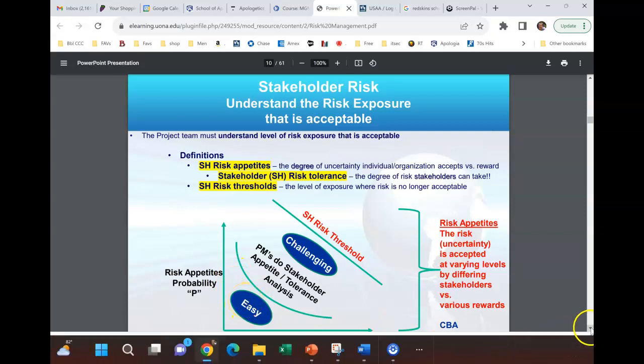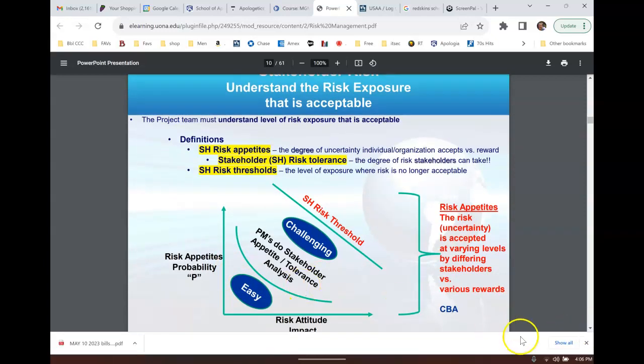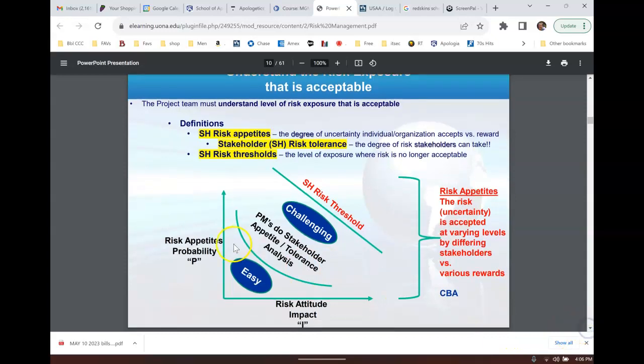And whenever you consider these terms, consider it in light of the probability times the impact of a risk. So a risk appetite, this is a degree of uncertainty that you're willing to accept day to day. A risk threshold says, you know what, I'm not willing to accept that risk day to day, but for certain circumstances, if I've applied other mitigating controls, sure, I'll accept it.